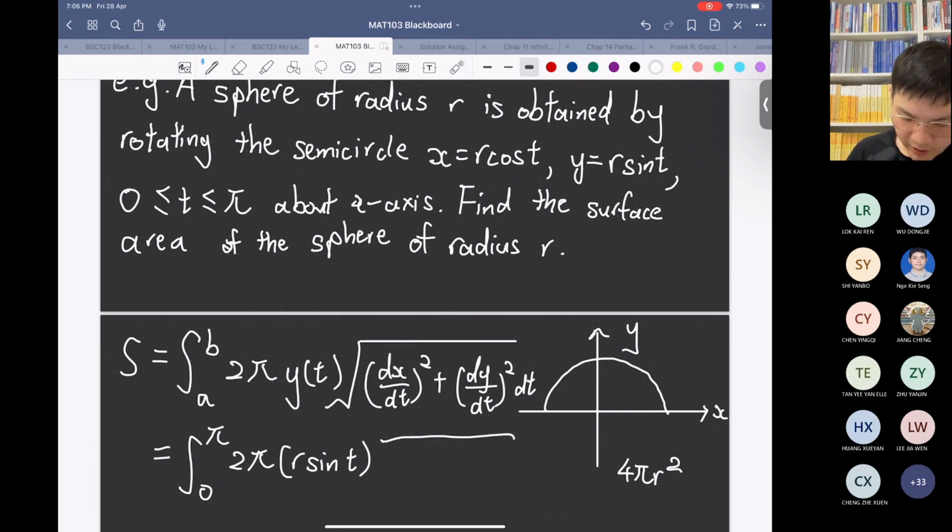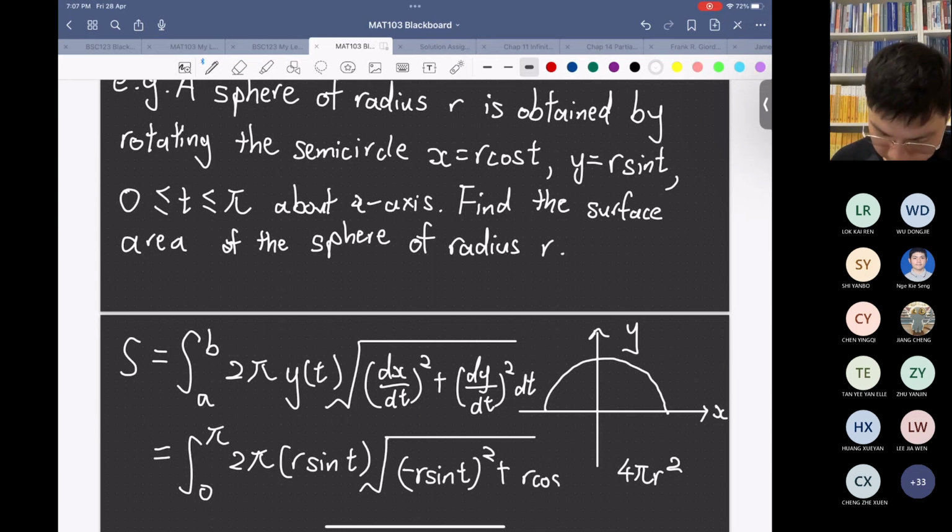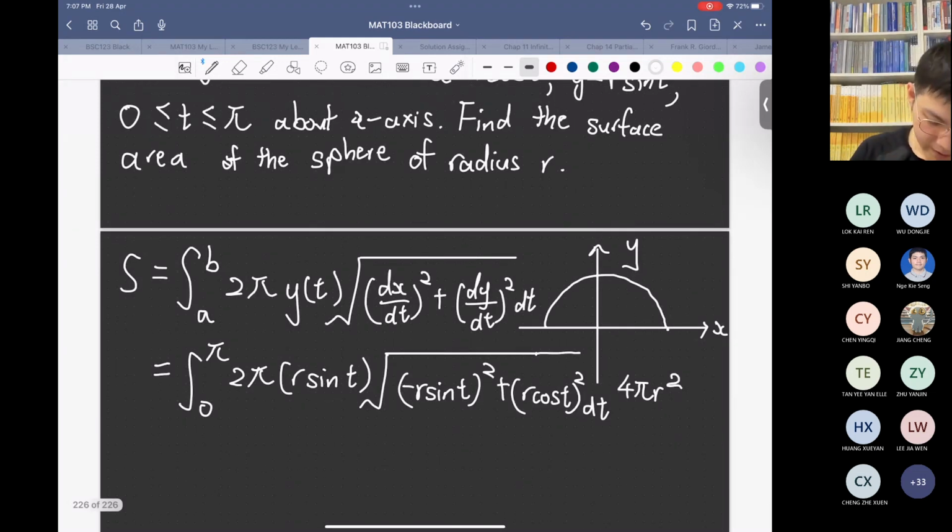I think we computed this dx/dt a long time ago, which gives r. Minus r sin t squared plus r cos t squared, dt. So what do we get?